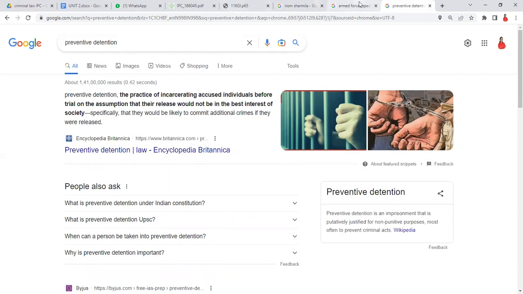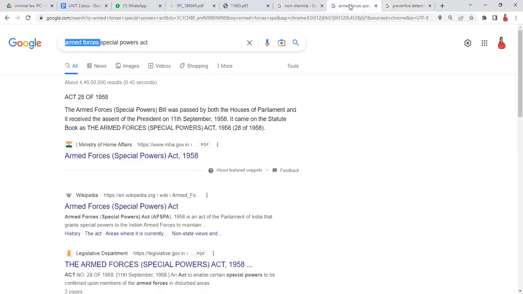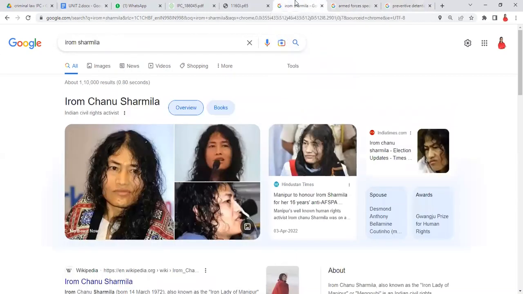Because this law is not that effective, you can just arrest anybody and simply say that you suspected he might end up committing a crime. There you might arrest somebody whom you do not like, just because you have the power. So against this legislation, a lot of people protest as well.